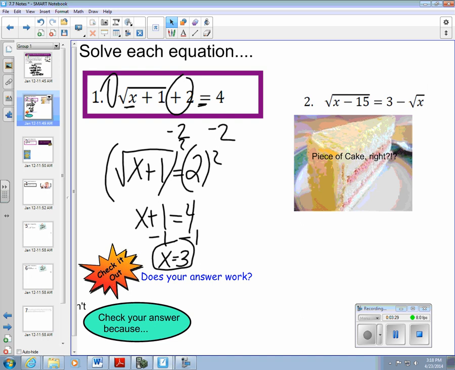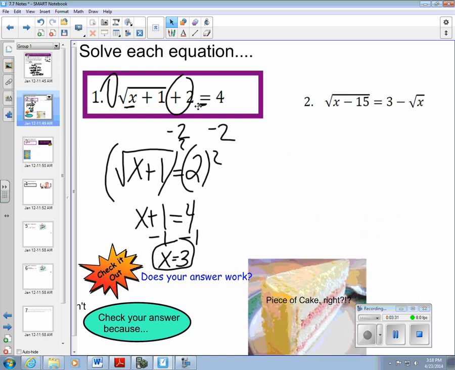If we look at our second example, we have the square root of x minus 15 is equal to 3 minus the square root of x. Notice that we have x's on both sides of our equation, and we're trying to solve for x, so we need x on one side. What we're going to do is get rid of this radical first. I know I said that we had to get rid of everything in front of and behind, but notice on this side we only have the square root of x minus 15.